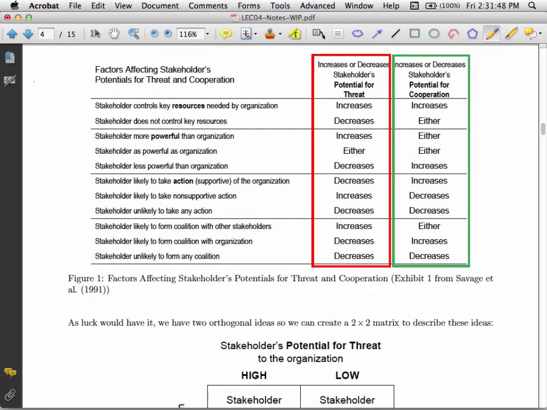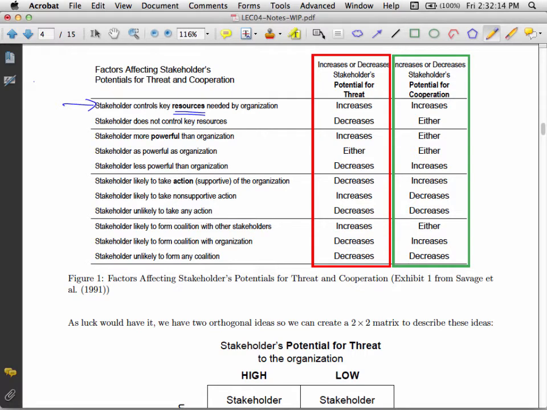You can look at the stakeholder and determine if they control key resources needed by your organization. Maybe this is a supplier that supplies that one critical part. Maybe it's an organization with a unionized labor force, and those stakeholders, the unionized labor, control those workers and so on.